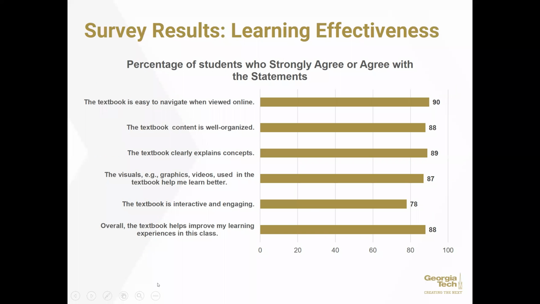So we want to know the effectiveness of learning on the textbook. So here are the percentages of students who strongly agree or agree with these statements, asking about different aspects of the textbook. And overall, as you can see, 88% of the students said the textbook helps improve their learning experience.